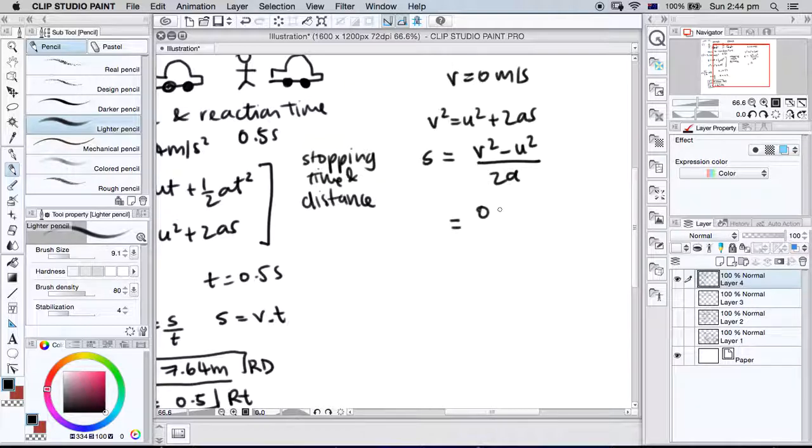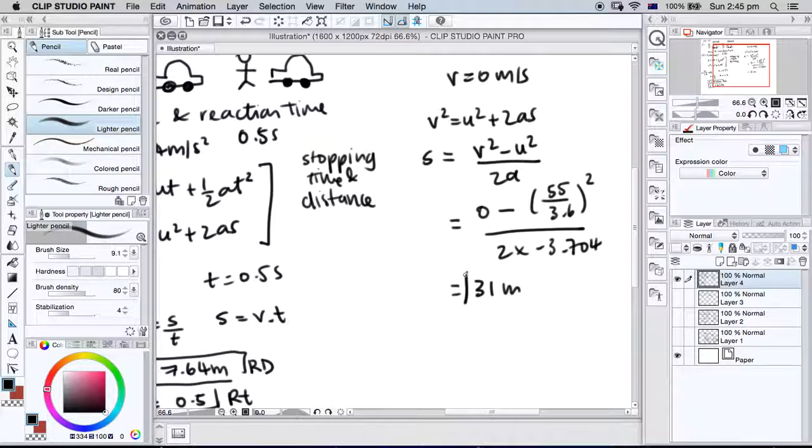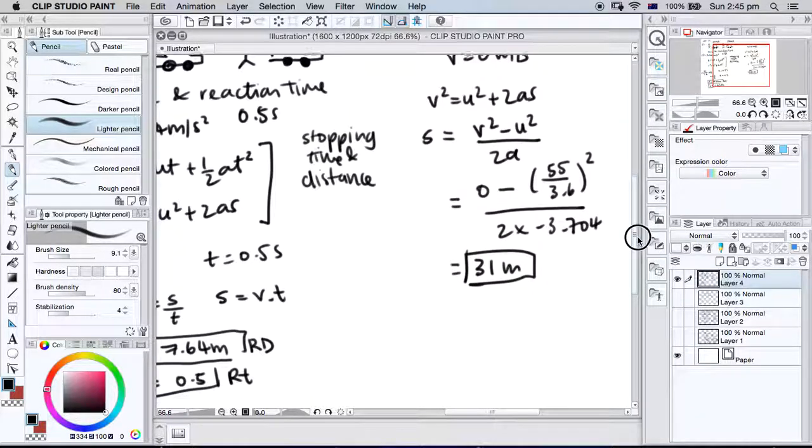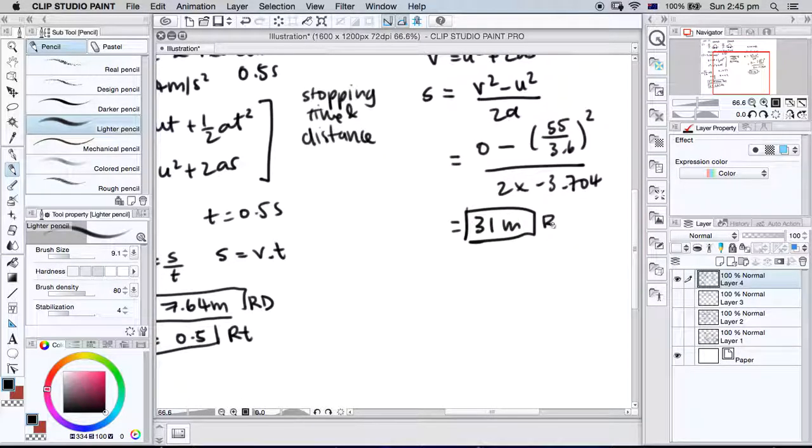So it'll be 0 minus 55 on 3.6 squared, on 2 times negative 3.704. That gives you an answer of 31 meters. So this is your braking distance.